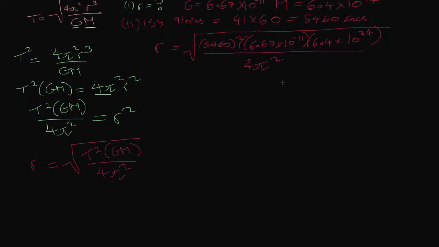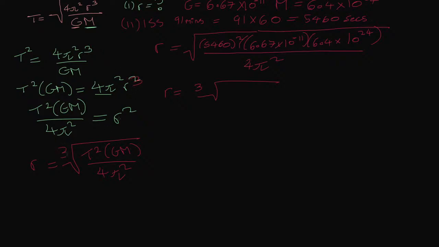And when you sub all of that in and go through it, what you will get is r is equal to the cube root of... Oh, I see. Up here we actually have the cube root, so it wasn't r squared.